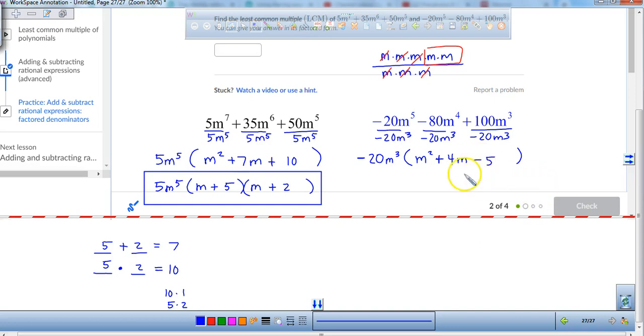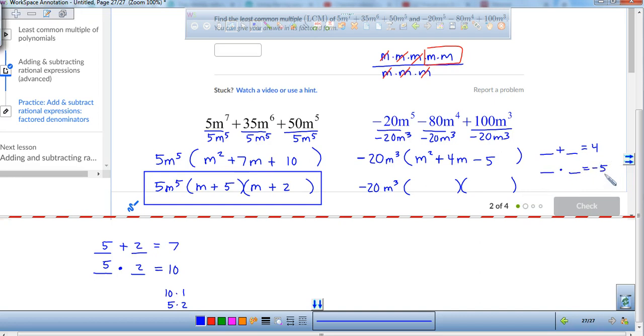All right, so what we're going to do now is factor this right here. So we have negative 20 m cubed. And now we're looking for two numbers that add together to equal 4, but those same two numbers multiplied together equal negative 5.